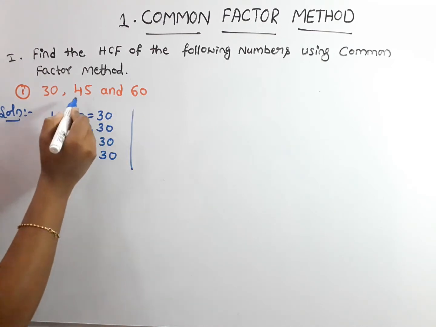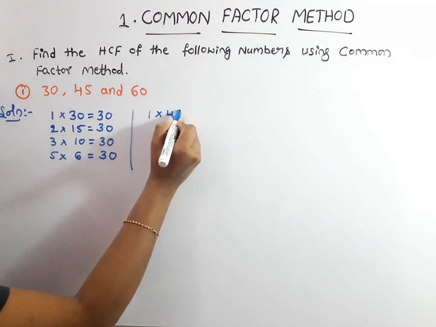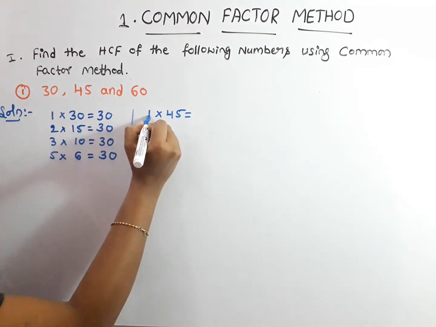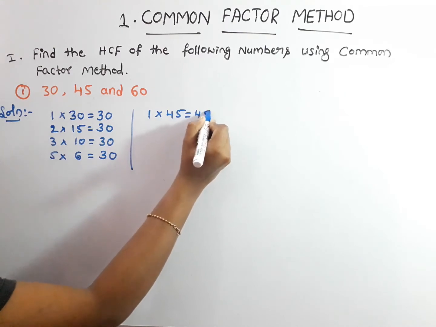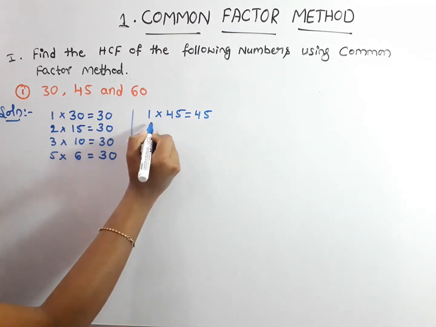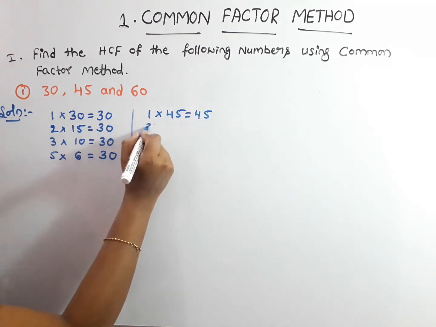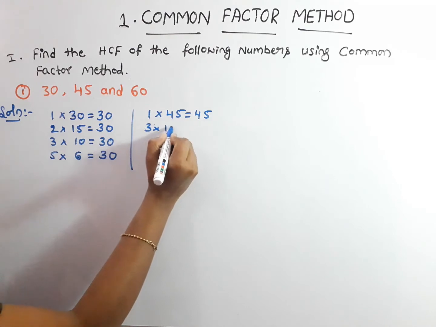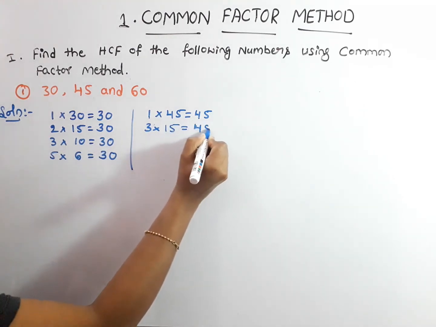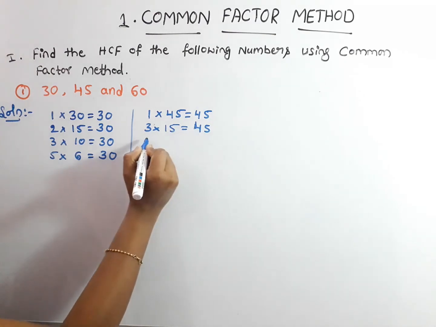Then check 45. 1 times 45. 1 is the common factor of all the numbers. 1 times 45 is 45. 45 is not divisible by 2. Then check with 3. 3 times 15 is 45. By 4 also we can't divide.